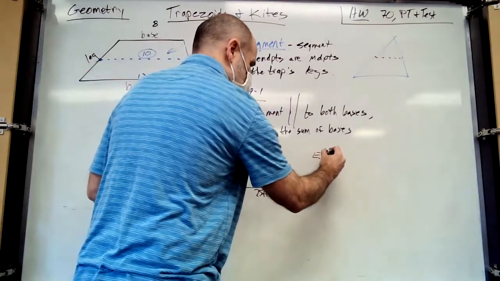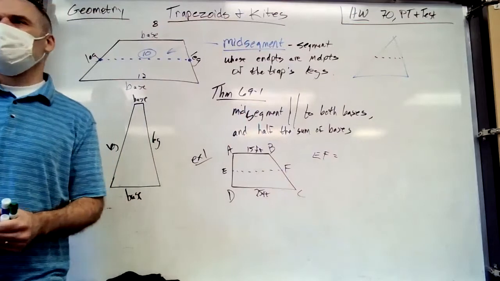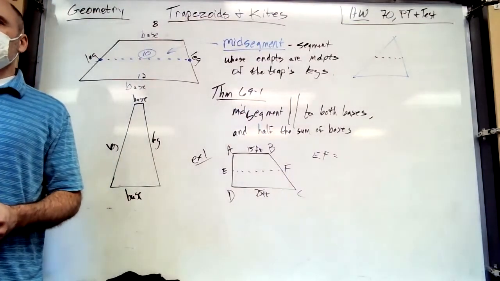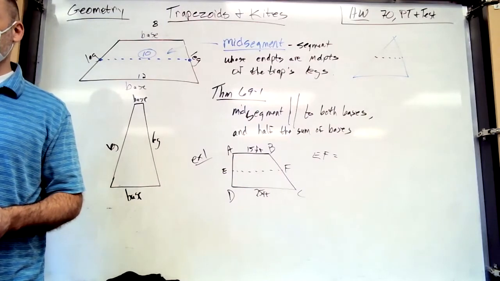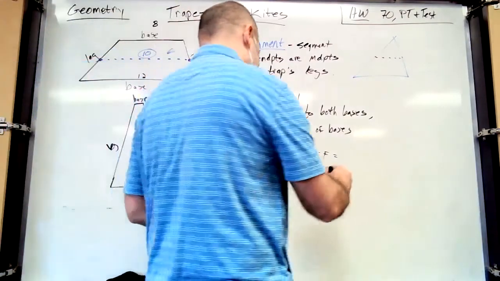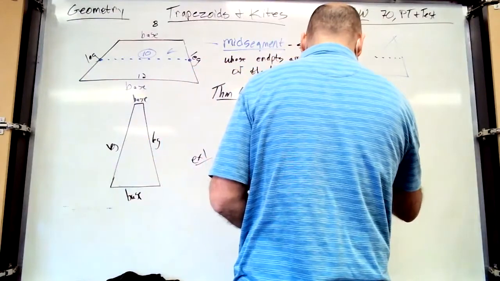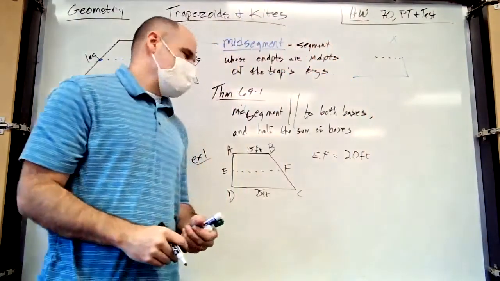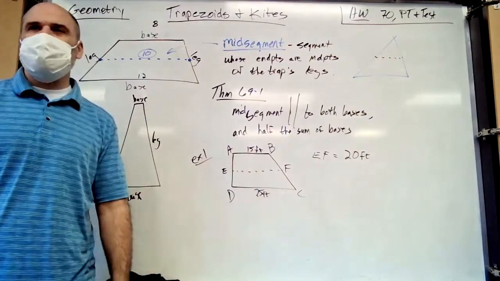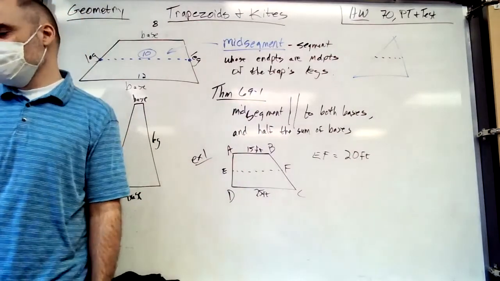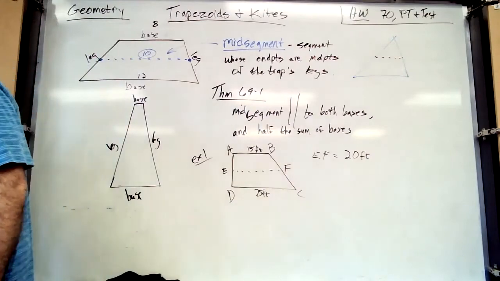So EF equals... Tristan? That's it. 20. 20, yes. You guessed it. Okay, so you could use your gut, or it's just the average. So 15 plus 25 is 40, divided by 2 is 20. You got it? Good?